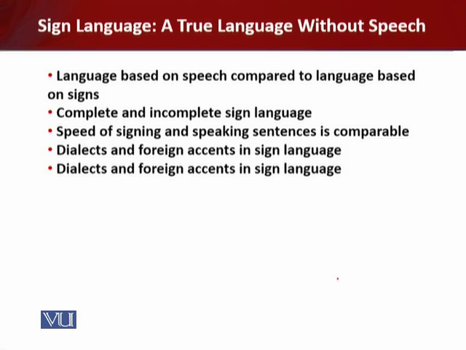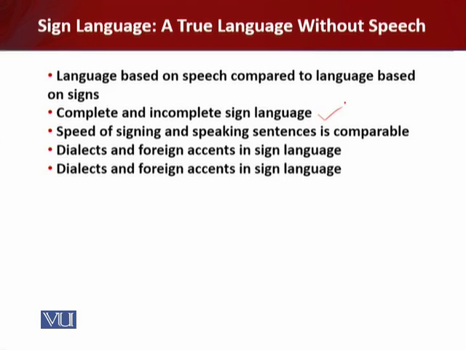Of course, language must depend on some physical mode for its use and learning, but the mode need not be limited to sound only. The mode can be visual, as in signing, or even touch, as in the languages used by deaf and blind.